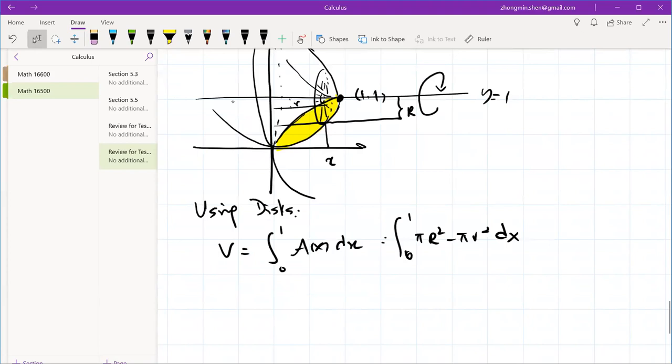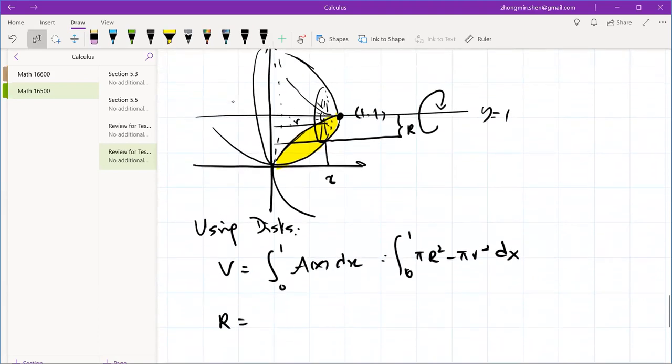So for capital R, I'm going to use the curve at the bottom. This is the curve y equals x squared. So for the x, the height is x squared. So the radius is 1 minus x squared.